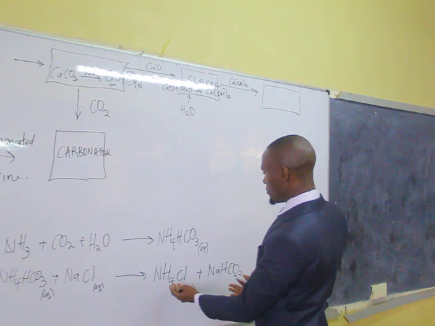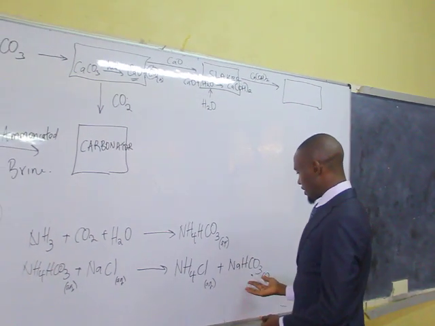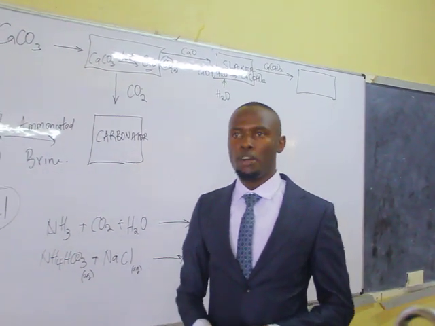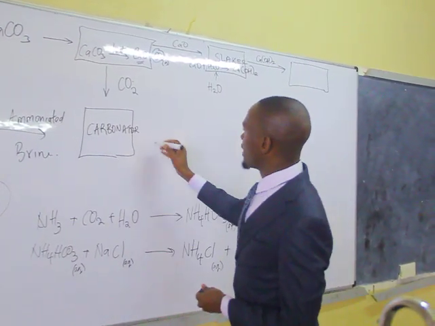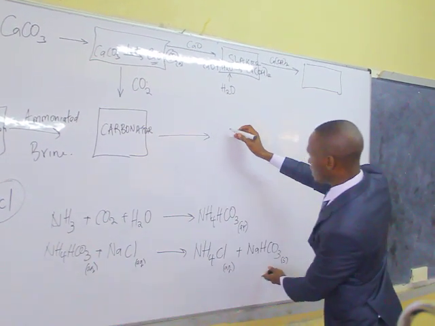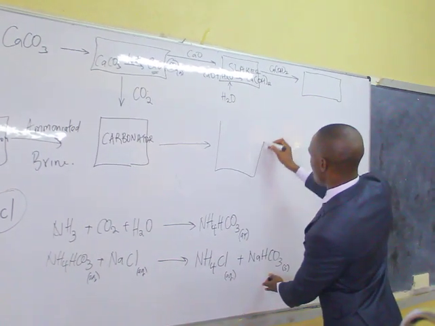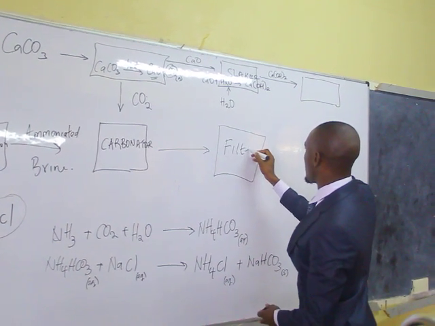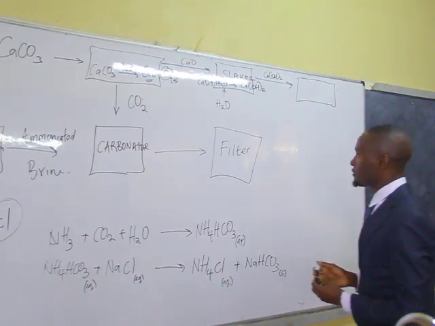If we have a mixture of an aqueous solution and a solid, we are going to separate this mixture by filtration. That means from the carbonator, we are taking these two products to another chamber, and I am going to call this chamber the filter.